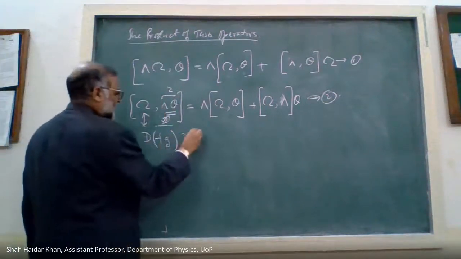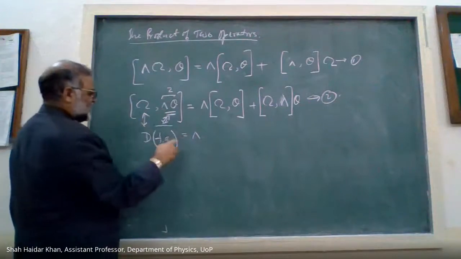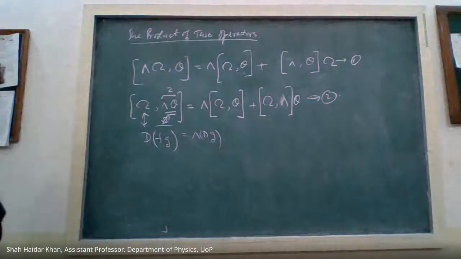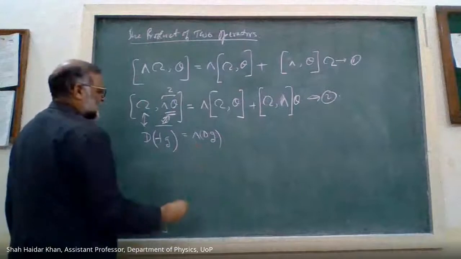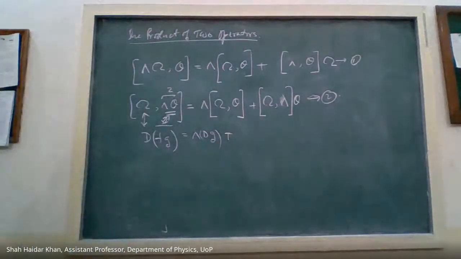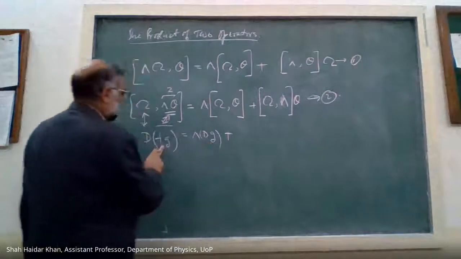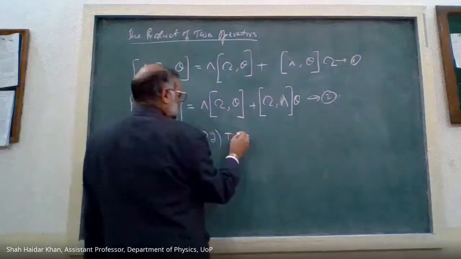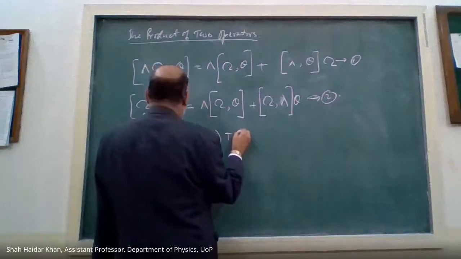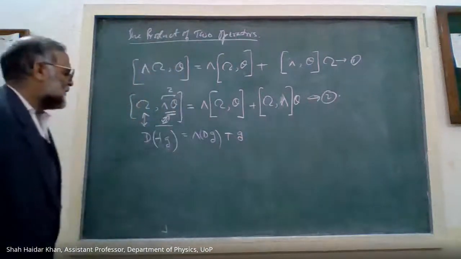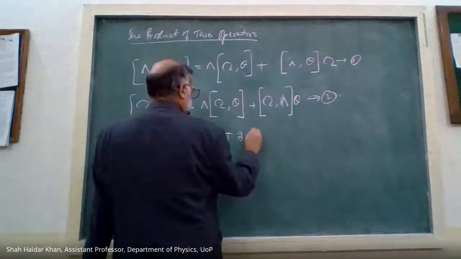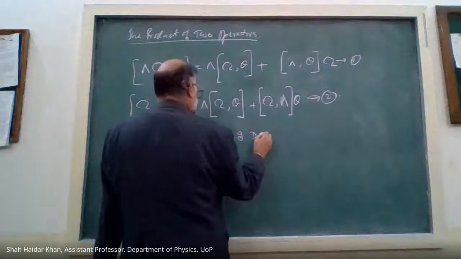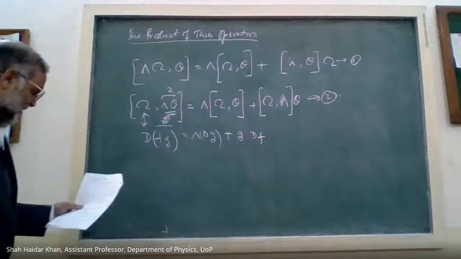So first is lambda, right? First, and we say derivative of the second. Right? First, derivative of the second, plus we say second, right? So second will be G, which will be theta. So I will say it should be like G, right? And derivative of the first, right?